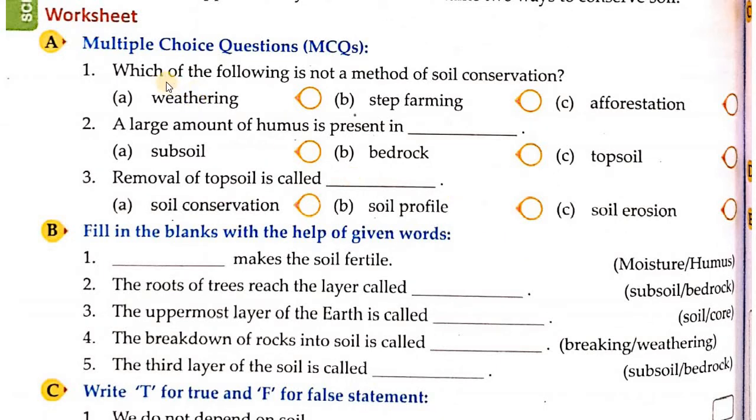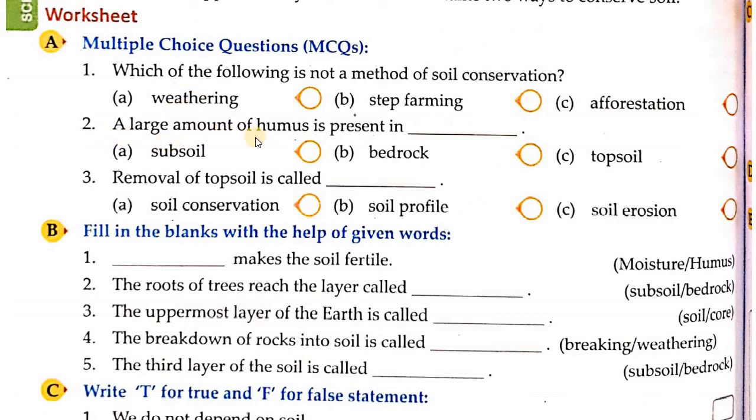Multiple choice questions. Which of the following is not a method of soil conservation? Weathering, step farming, afforestation. Weathering. Yes, the correct answer is A. Number 2.